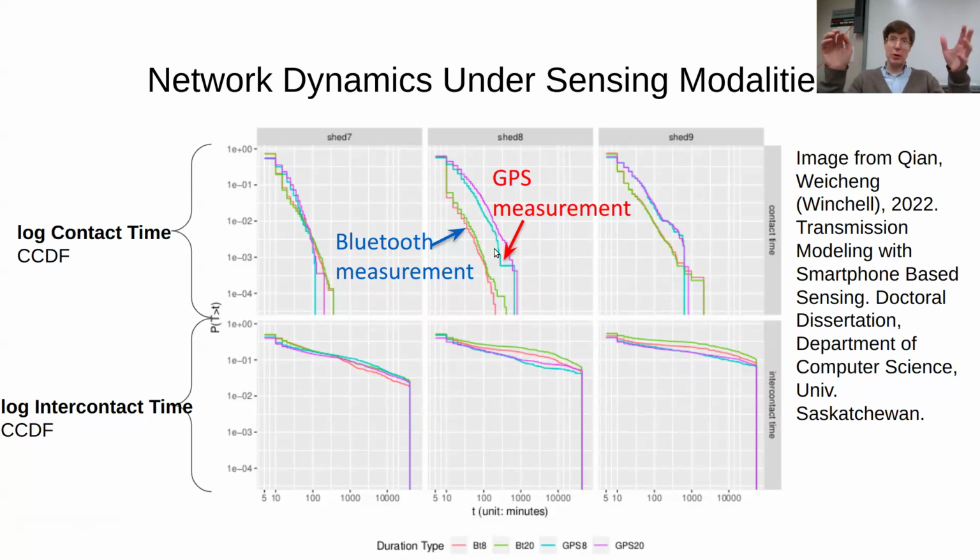The signal is less precise. So perhaps at a fine-grained level, they're actually quite far from each other across a large lab, for example. They're in quite different areas of a long lineup for a bus or in a bus station, or a long lineup at Tim Hortons or whatever. But if you're measuring with GPS, it's coarse enough, you say, oh, they're in proximity. And you think they're in proximity for longer.